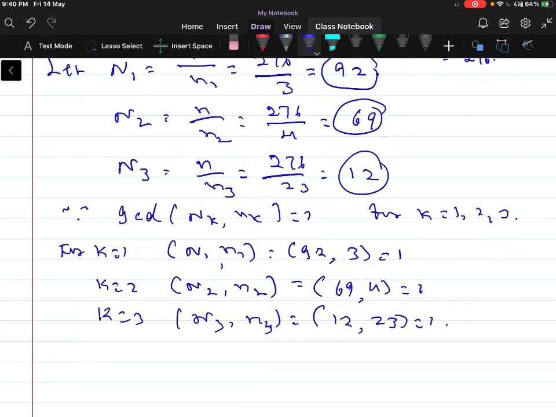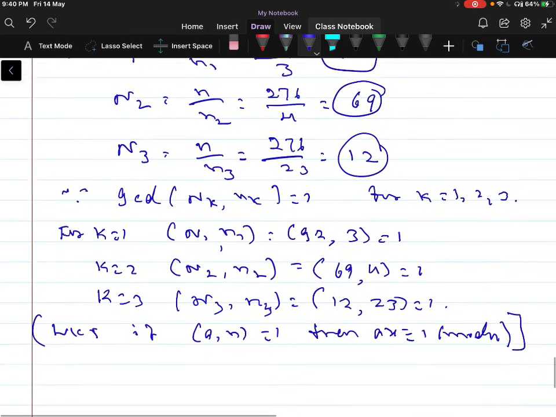So we know that if GCD of a comma n is equal to 1, then ax is congruent to 1 modulo n.